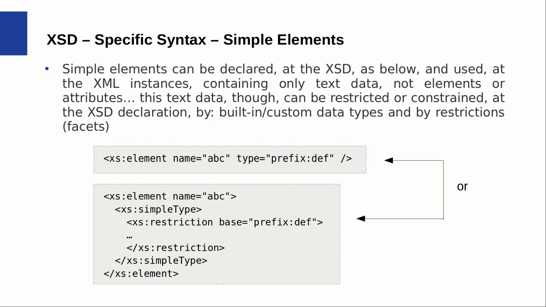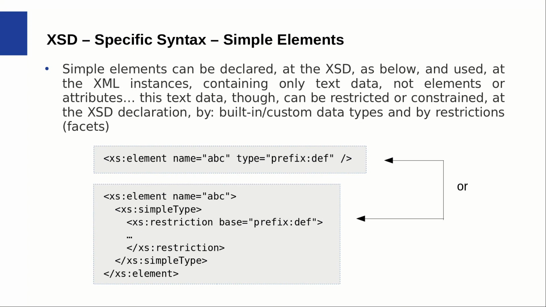So simple elements can be declared in a short form and in an extended form, and we'll see the differences and when you have to use the extended one. But let's just focus on the definition of what simple elements are for now.